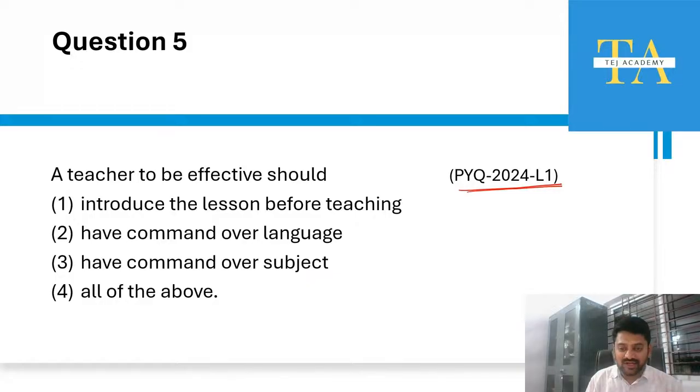Yes, you all are right. The fourth option, all of the above, are necessary characteristics of an effective teacher. You see, on the same concept, every year one question has been asked. Every year, 2018 onwards, one question on an effective teacher is asked.